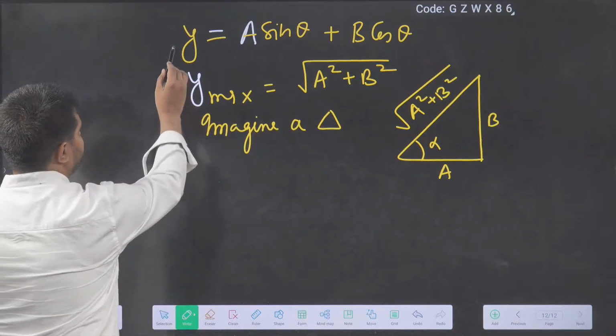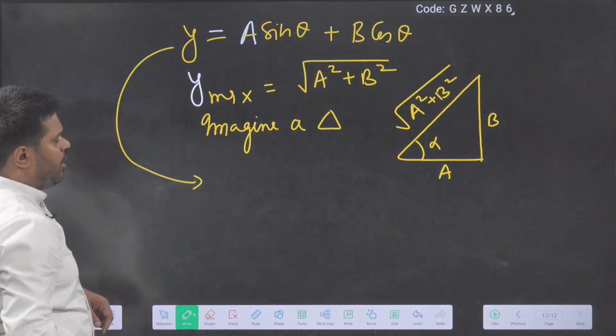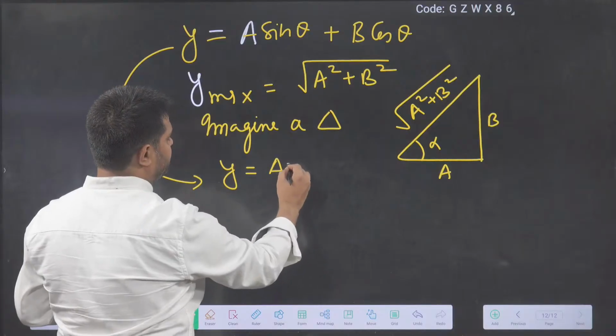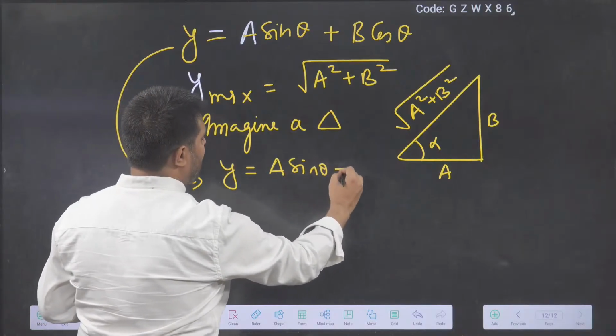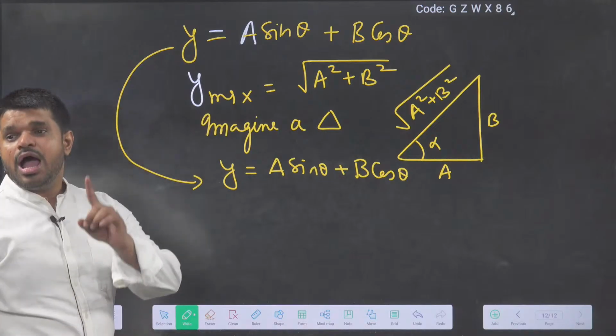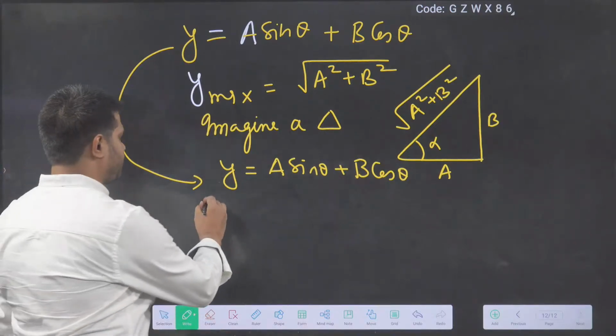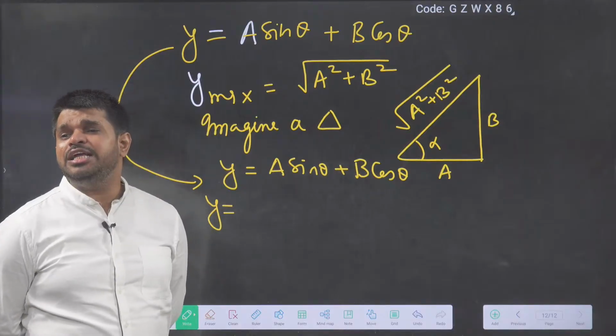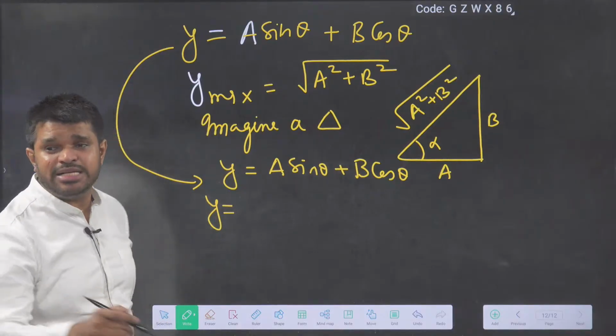Now see. Y equals A sine theta plus B cos theta. Now I am doing one thing. In this equation, I am multiplying and dividing by the same thing.